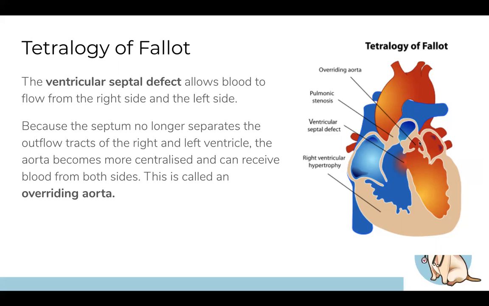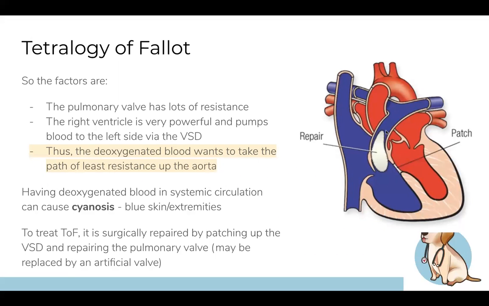Usually it's going to come out and up like that, but now it's over here, because there's nothing really holding it in place. This overriding aorta means that you can get blood from this side and blood from this side both going into the aorta, which can cause problems. You can get deoxygenated blood, blue blood, going into your systemic circulation, and that can cause cyanosis.